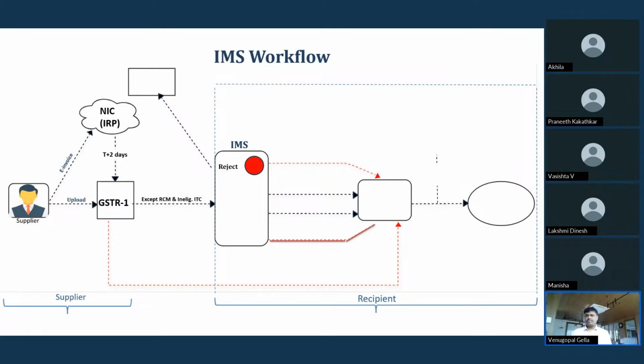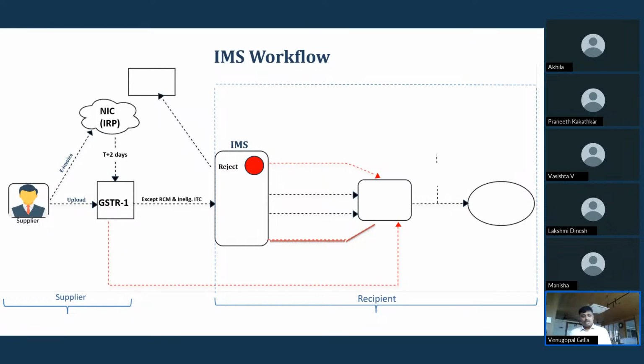Perfect, no issue. But there are documents where credit will come down. Like a purchase invoice: if I accept, my credit will go up. If it's a credit note, if I accept, my credit will come down.